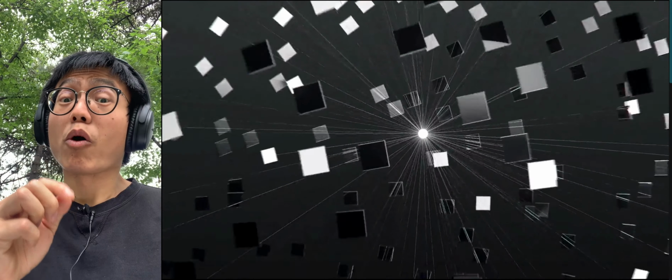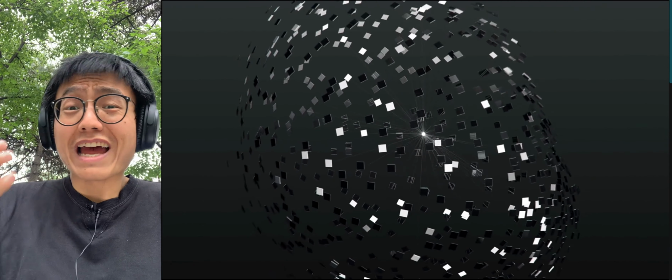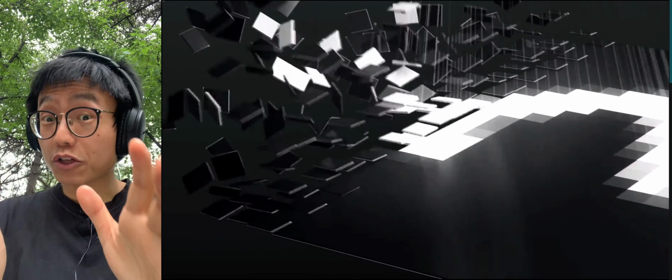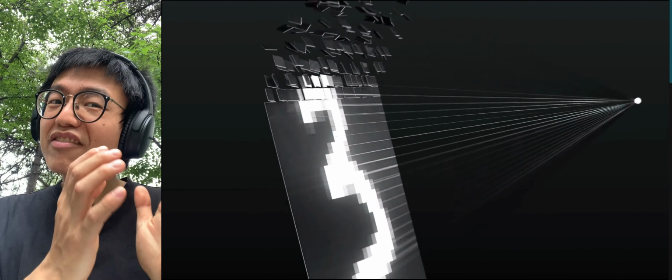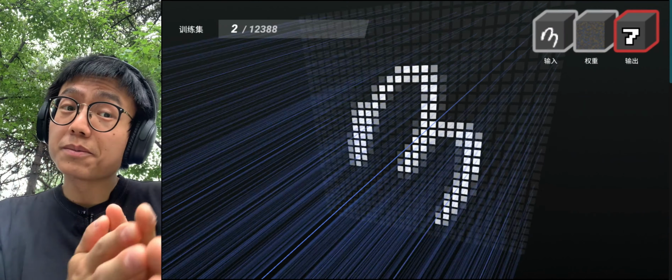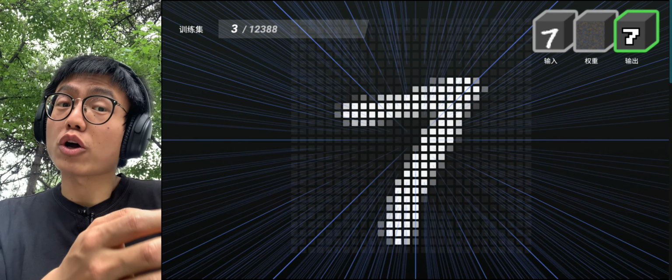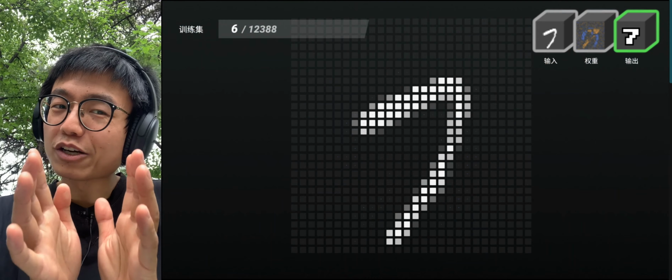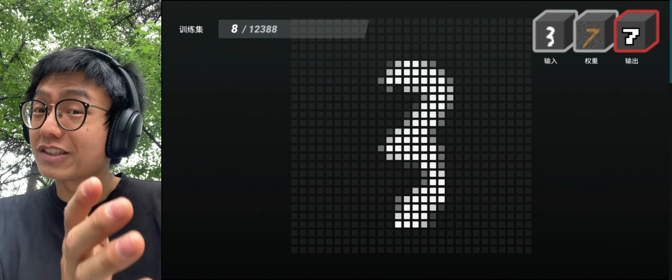To give you a more intuitive understanding of what happened in this process, I developed a visual 3D model. These 784 squares are the 784 pixels in each picture. A line attached on each grid represents the weight. If the weight is 0, the line is transparent.